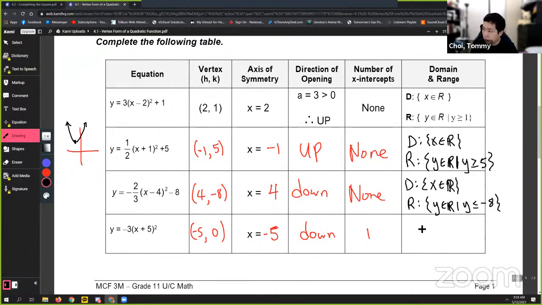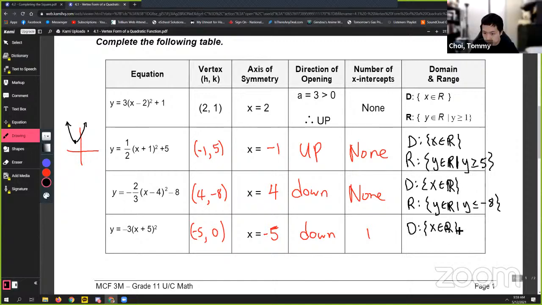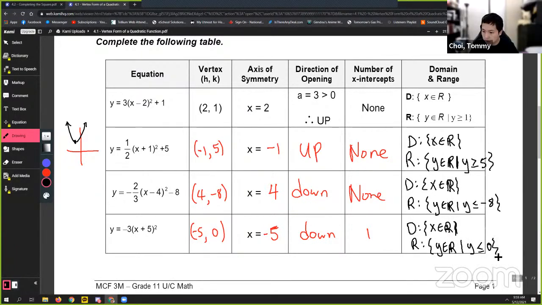All right. Amir, do you want to try the next one? Yes, sir. All right. x ∈ R and y ∈ R, y is less than or equal to 0. Perfect. Thank you very much. Well done. Don't forget this line here. This line means such that.